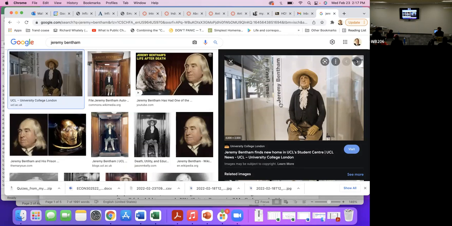His body is there at the University College of London. You can go say hi to Jeremy. He was in New York a couple of years ago, hanging out. Right? Why would you do that? Jeremy Bentham was somewhat stoic in his philosophy. He thought that the worst thing that could possibly happen to a person is not to die, but to be forgotten.